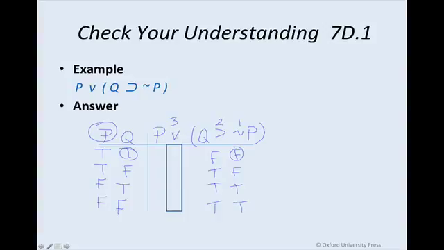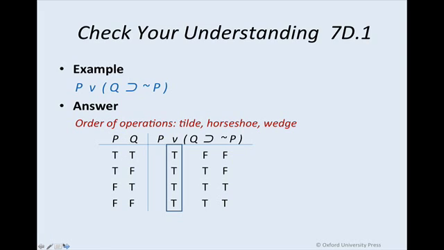Lastly, we compare the values of P with the values under the horseshoe, and we end up with yet another tautology. It looks like we did quite well. We followed the proper order of operations. We first determined the values of tilde, then the horseshoe, and lastly the wedge.